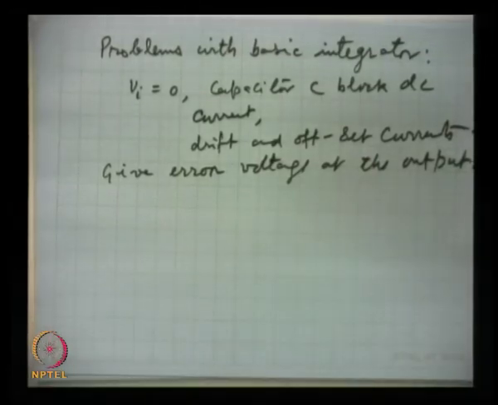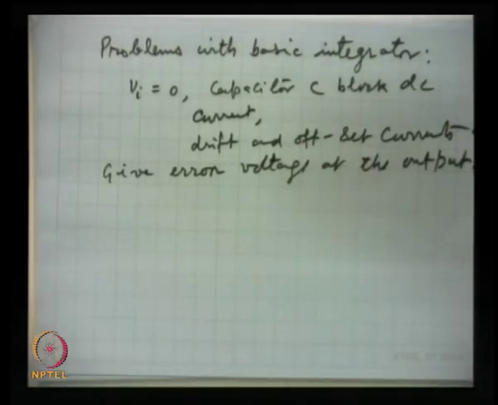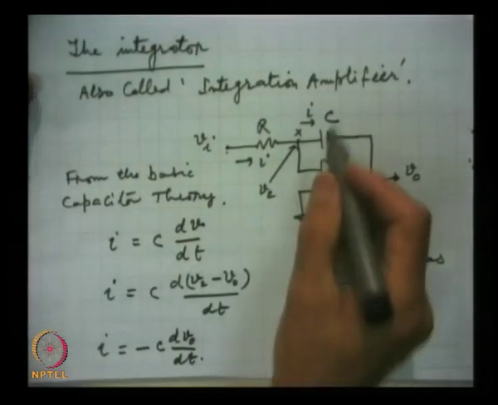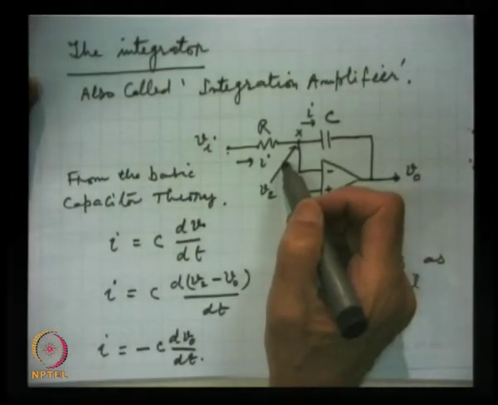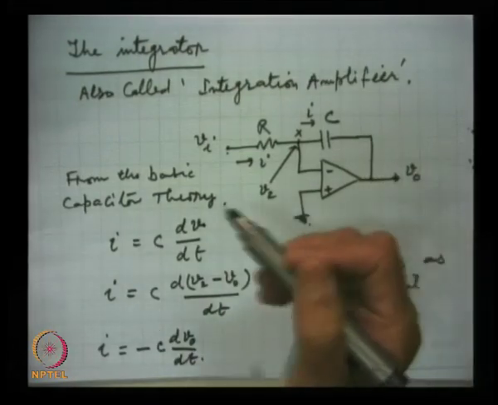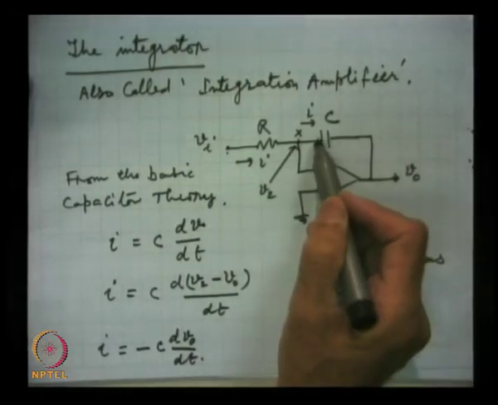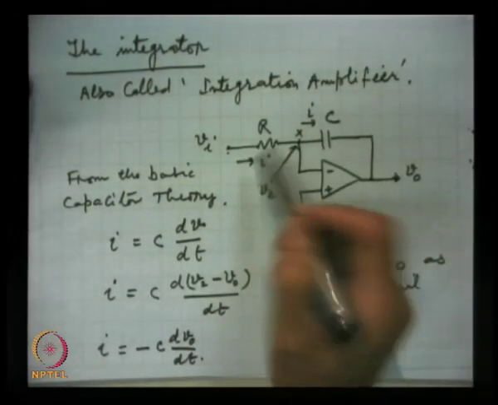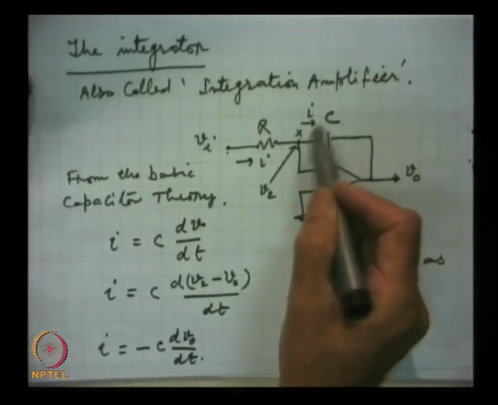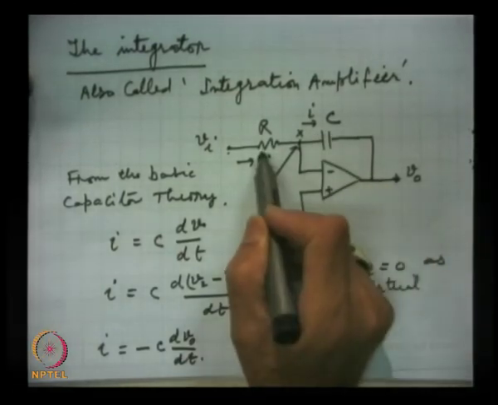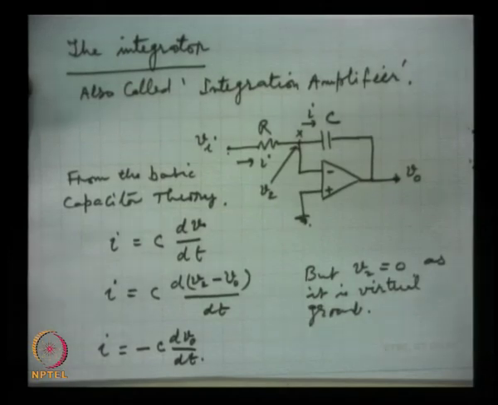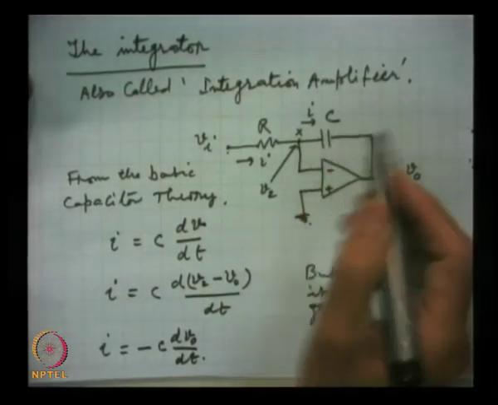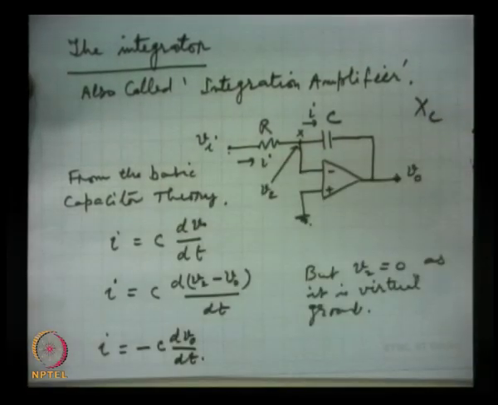Another problem in this circuit is that at very low frequencies, close to 0, the gain of this inverting amplifier is the impedance of the capacitor divided by R, since RF is now replaced by XC, the capacitive reactance.